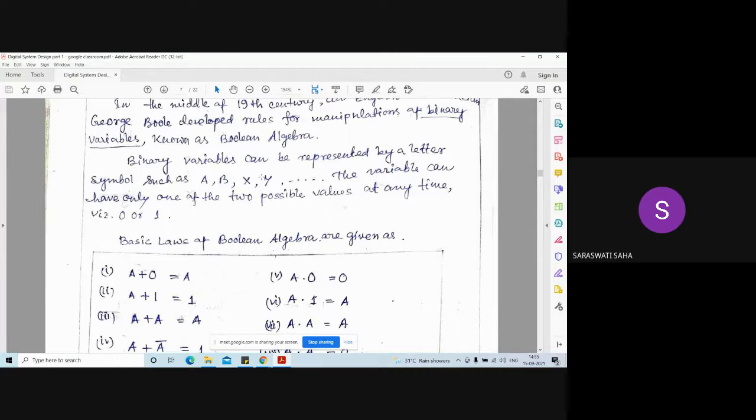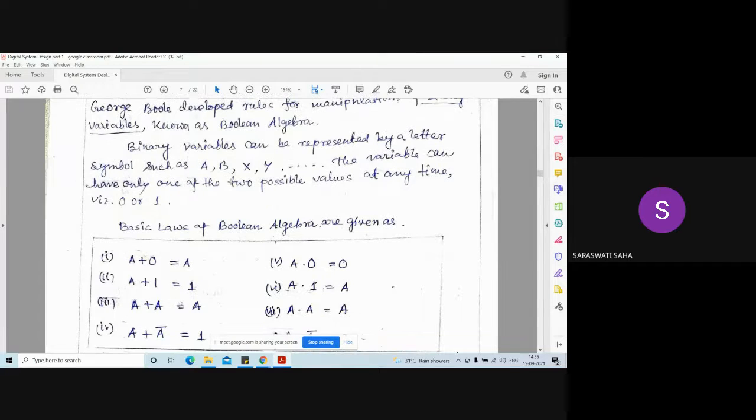So what is Boolean? In the case of logic gates, the inputs are known as Boolean variables. You can use alphabets in capital letters or in small letters, but you should take alphabets only, as input as well as output.